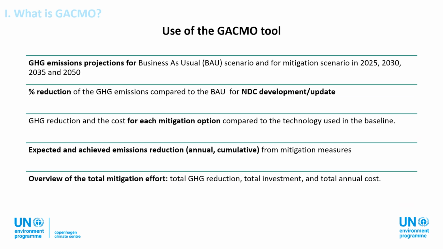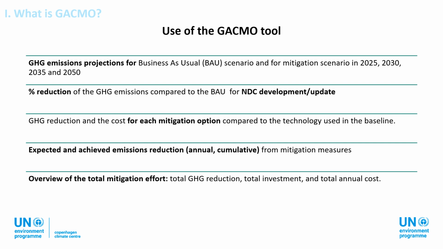GACMO tool can be used in many ways. First, it can be used to estimate greenhouse gas emissions projections for business as usual scenario and for the mitigation scenario in the years 2025, 2030, 2035, and 2050. It allows to analyze % reduction of the GHG emissions compared to the business as usual scenario for NDC development or update.